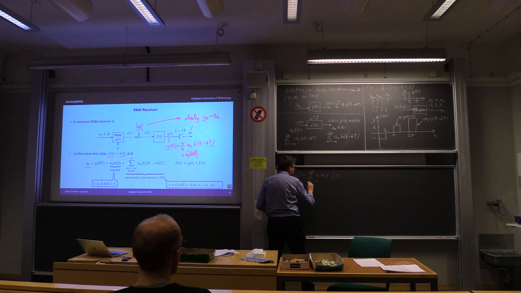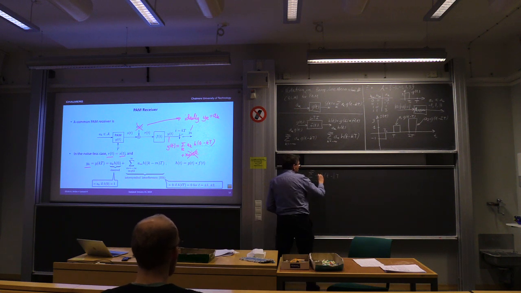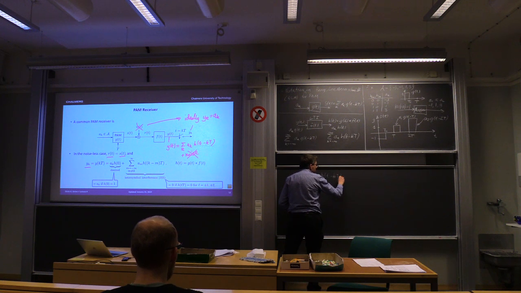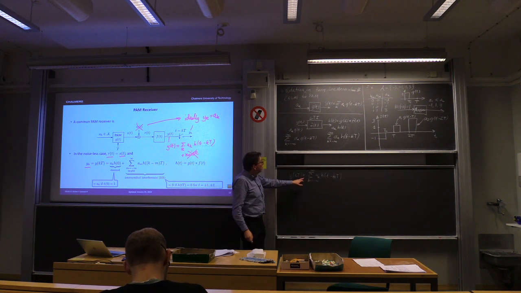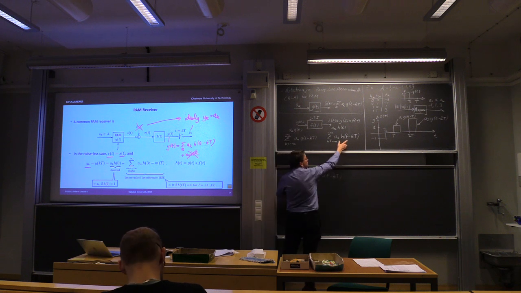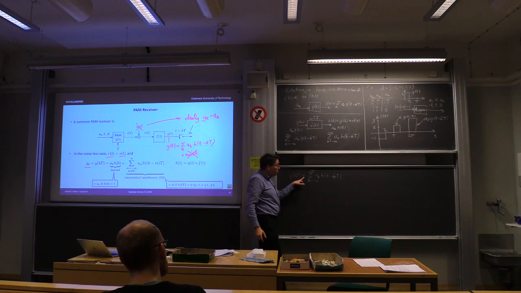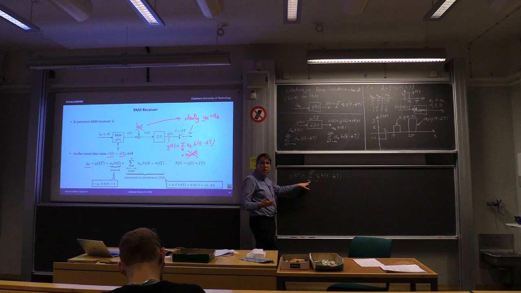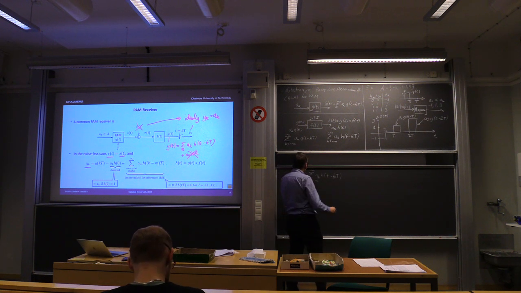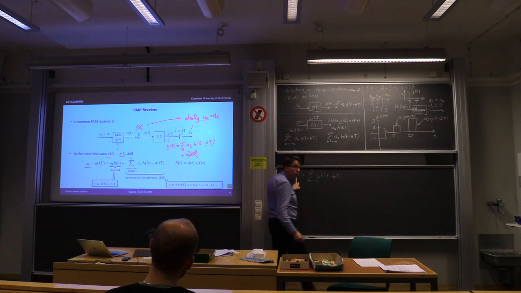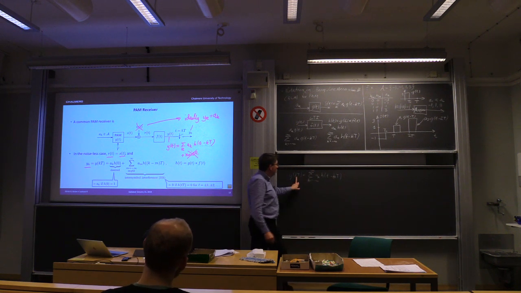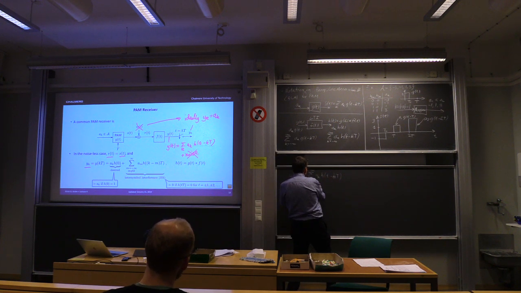I will sum over some other variable m, a_m h(t minus mT), like this. Of course, this is equal to this, right? It doesn't matter that we sum over m or k or l or z or whatever, it's just a summation variable, okay? So here we choose this as m. And the reason why I choose m here is because I don't want to confuse it with the k that we have here. Okay, so this is y of t.